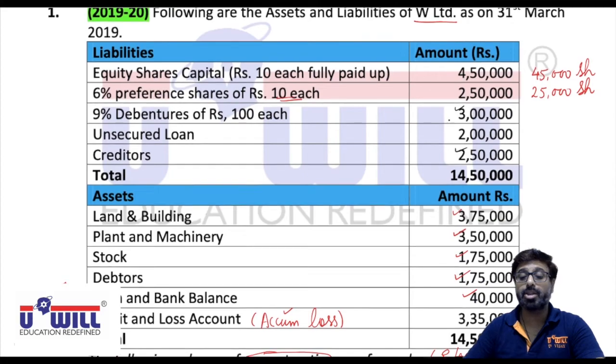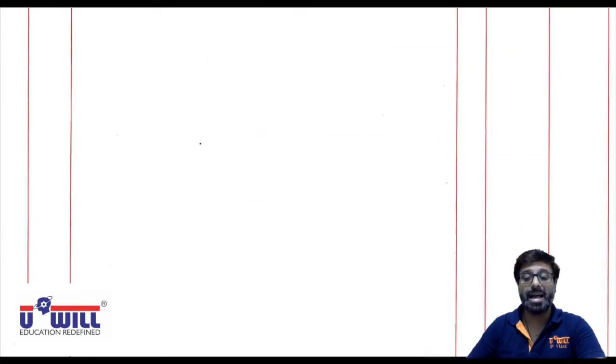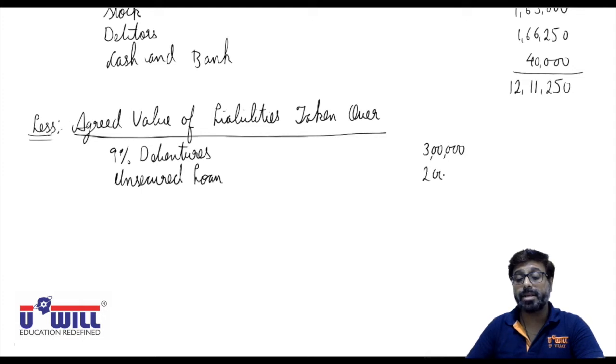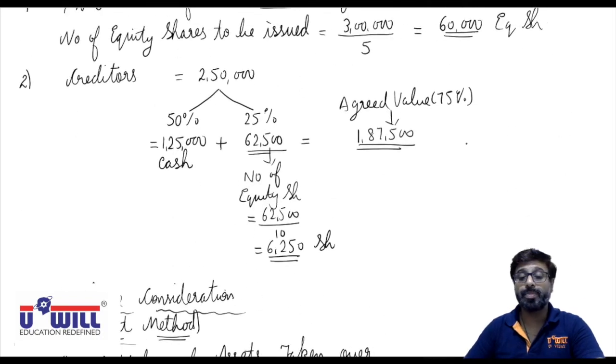You can see unsecured loan of 2 lakhs. And then creditors, for which we have done working note 2. Agreed value is 1,87,500.